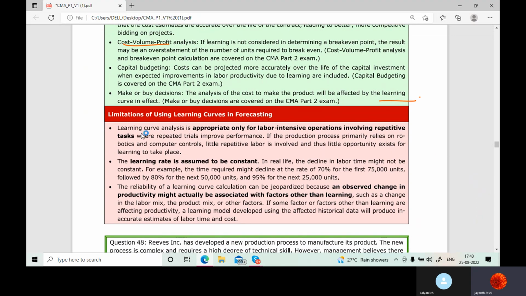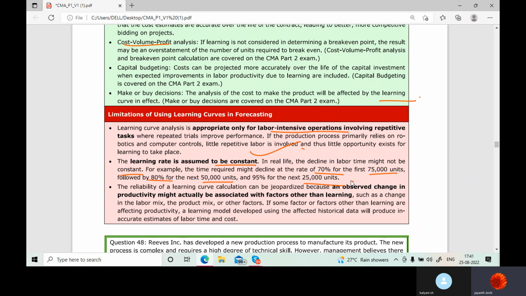Limitation: it is appropriate only for labor intensive operations. For machines it is not, because labor tends to learn. Learning rate is assumed to be constant. In real life, the decline in labor time might not be constant. For example, the time required might decline at the rate of 70% for the first 75,000 units, followed by 80% for the next 50,000 and 95% for the next 25,000.